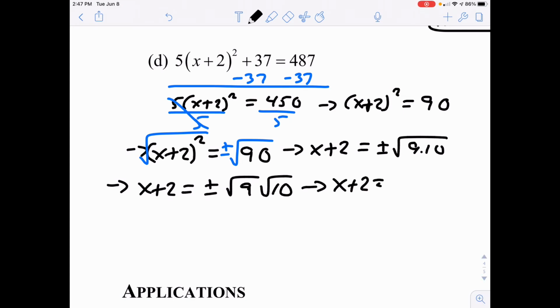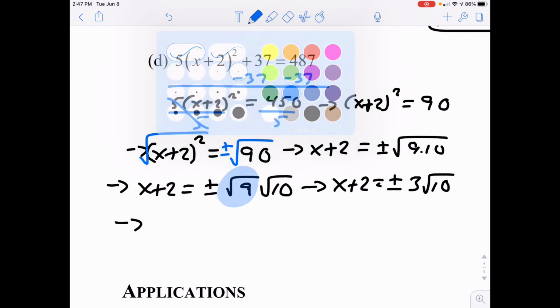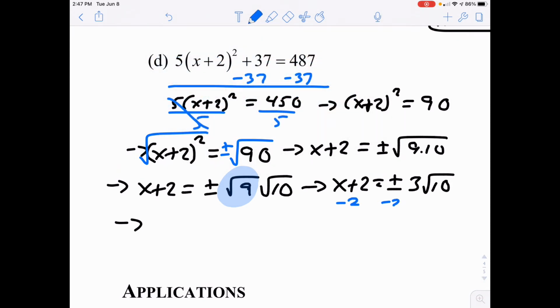X plus 2 is equal to plus or minus, take the square root of 9, and it's 3 radical 10. And then last step, subtract 2 both sides. So x is equal to negative 2 plus or minus 3 radical 10.